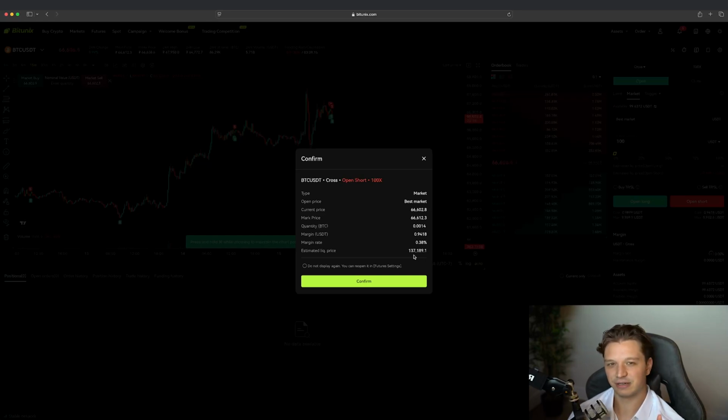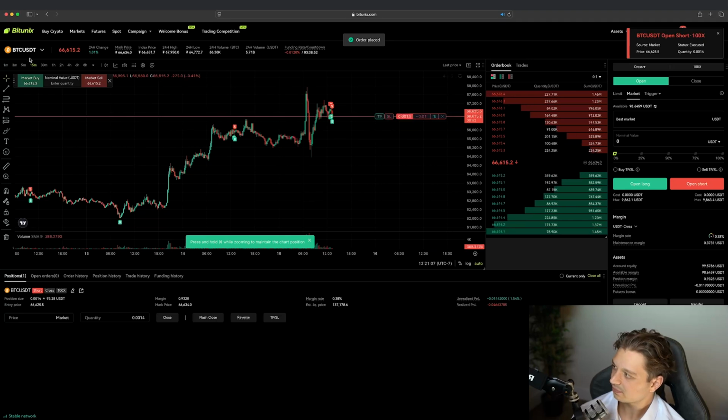Now, it is very important to note though, if we do open a cross position, then open multiple other positions on different coins, for example, this will reduce the liquidation price on all of the coins. So let's say we shorted Bitcoin here. It's currently 137,000 liquidation.